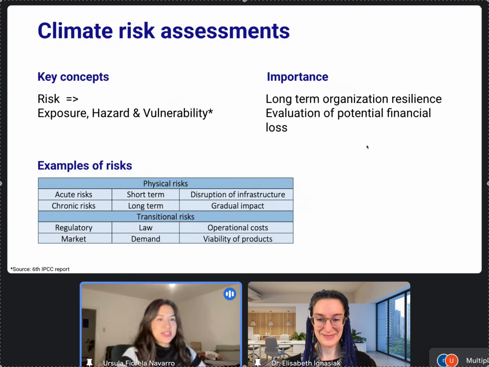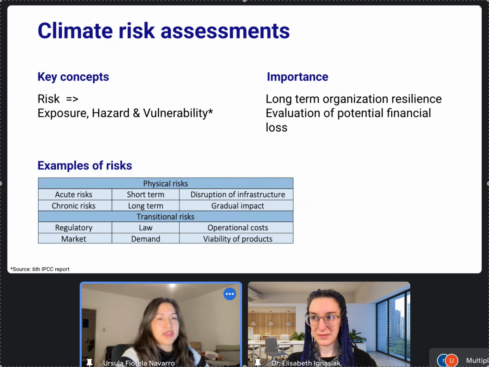All right, thank you. So when we're talking about a climate risk assessment, it is basically a process where organizations can assess how they might be affected by different types of hazards that have to do with climate change, for instance. And we have to understand different concepts.